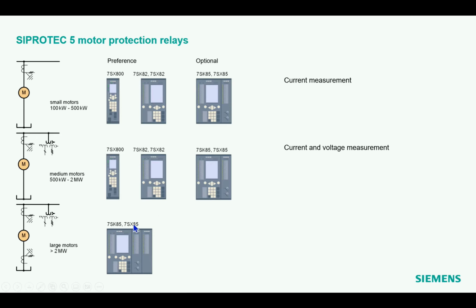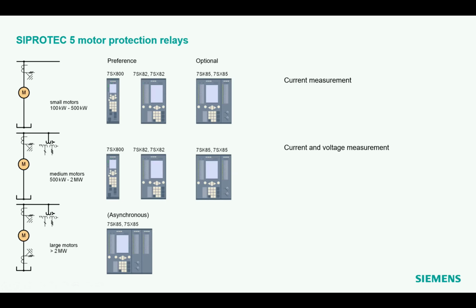Whereas the modular devices, as you might know from the SIPROTEC 5 range, have the possibility to add expansion modules, as we can see here. And these expansion modules can also have current inputs. So with such a setup, I can host the two current inputs in one relay and make a classical differential protection on top of the voltage input or whatever is there additionally.